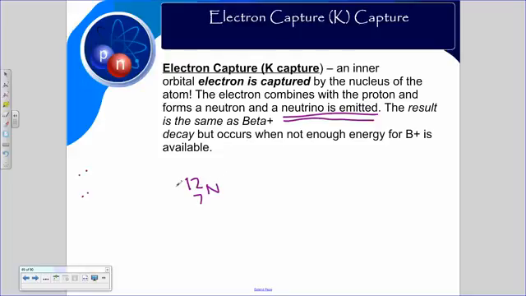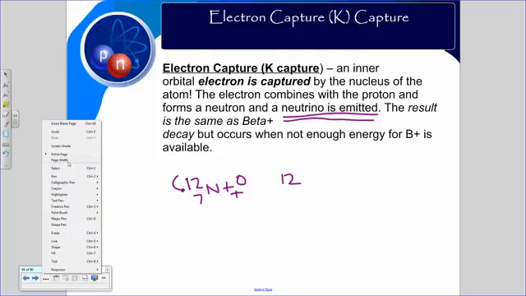What it will do is it can take in an electron from its electron cloud and flip the designation of a proton, turning it into a neutron, giving you, and this is how you would write it, 0 and... sorry, not plus 1. It's going to be minus 1.